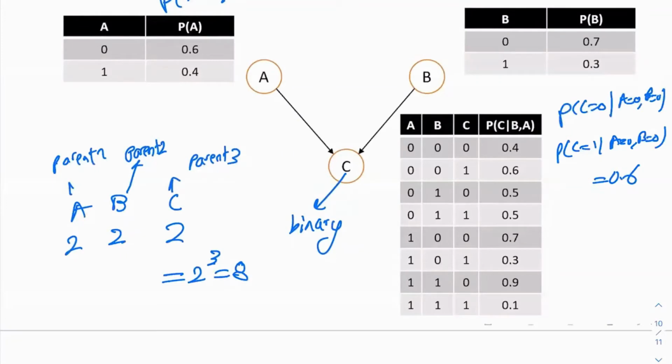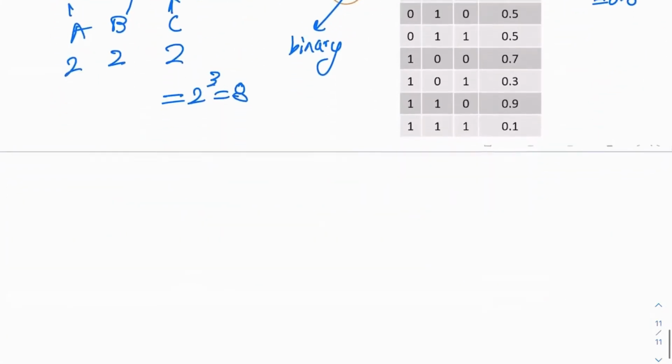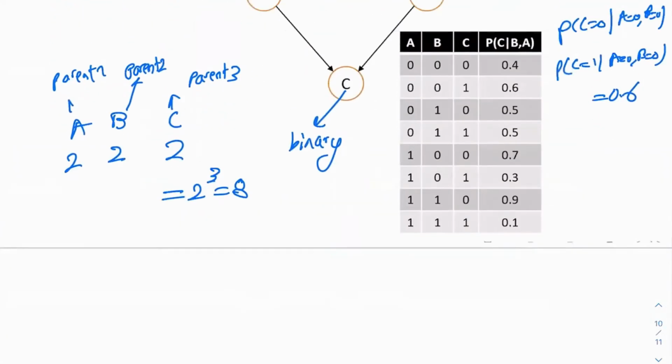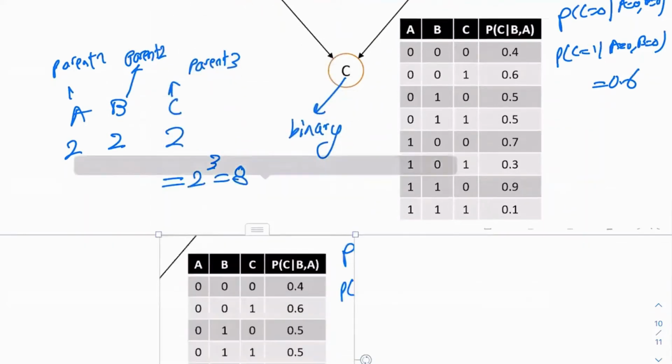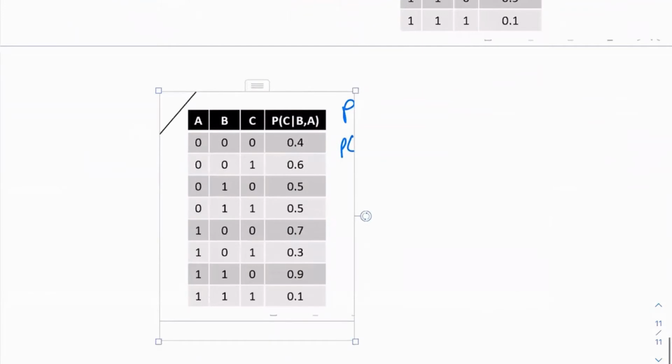All right, so there is another way to think about that. I want to write on this for you. Okay, it's part of the image, no worries.